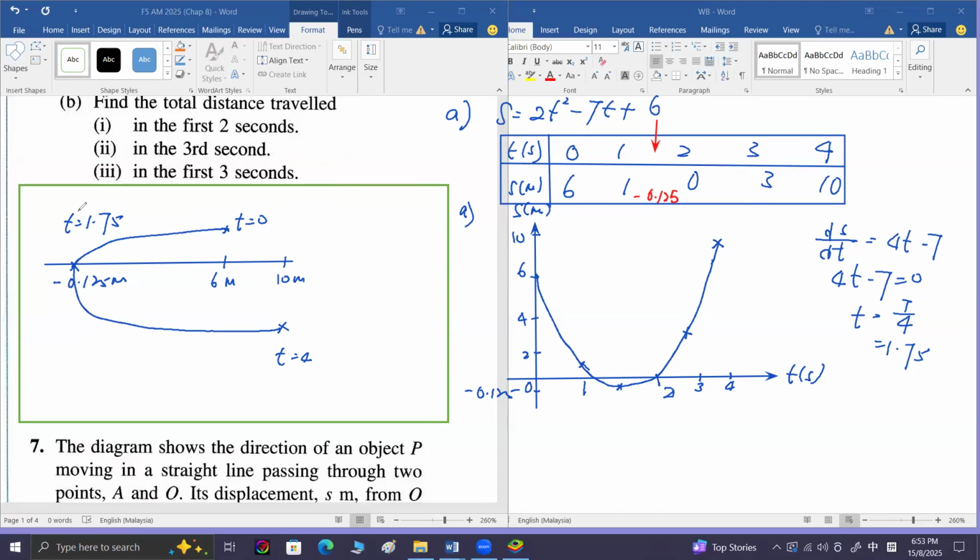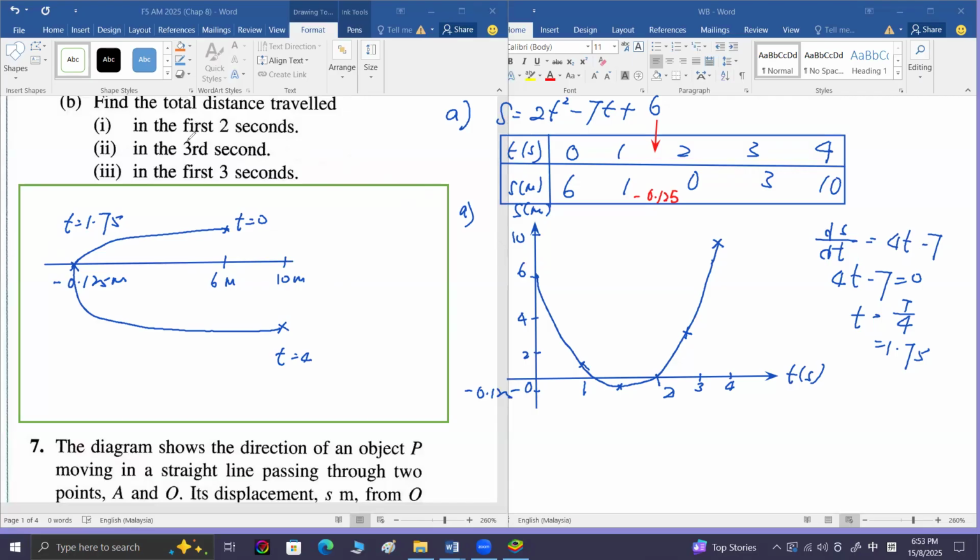Now this one is 1.75. Okay, so until 2, you're back here. This one actually is for the last part, sorry, for the first 4 one.